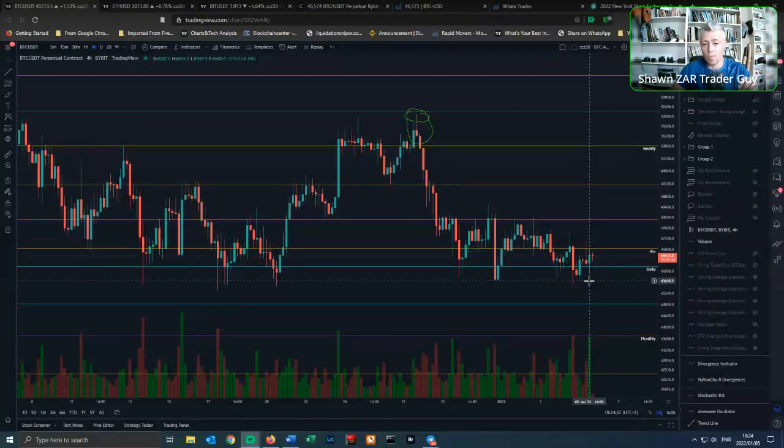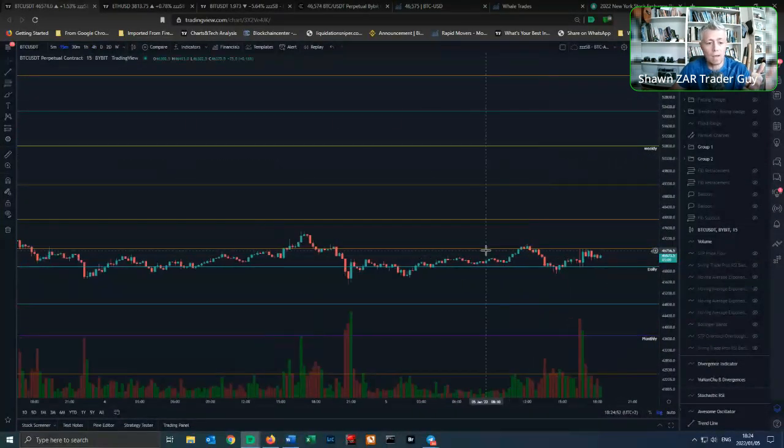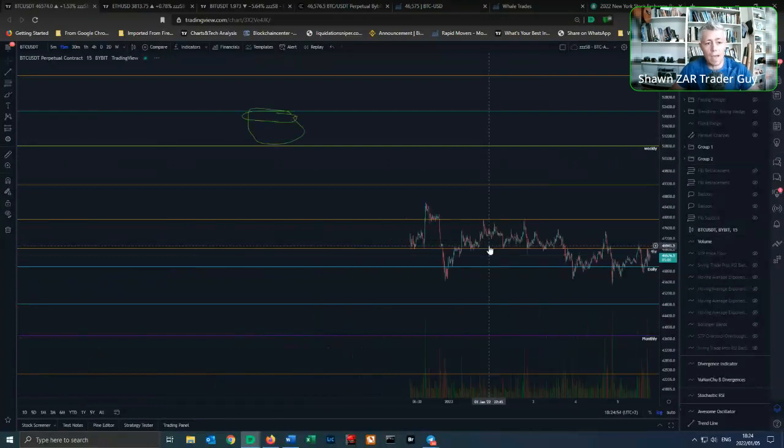That's a very well respected level. But if Bitcoin comes down and touches, then I enter the trade immediately because I think price is going to bounce. That might not be wisdom. For me, I would rather wait for a bullish hammer candle to form on the 15-minute time frame and then make an entry.